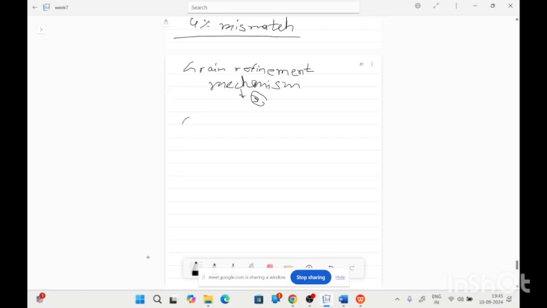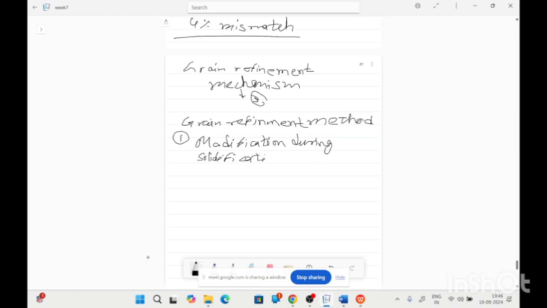In the grain refinement methods, first is the modification during solidification by homogeneous and heterogeneous nucleation.